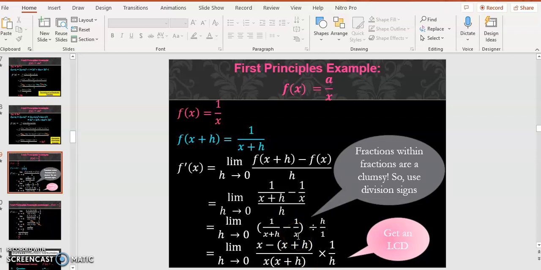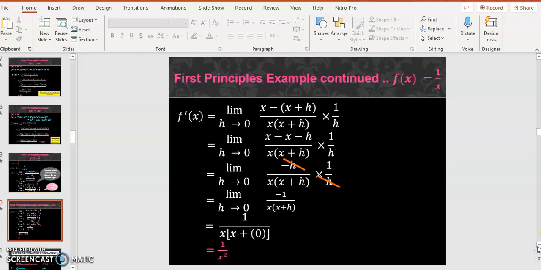So x times 1, which will give you x here, minus x plus h times 1. It will give you x plus h. Because 2 times 1 is 2. 3 times 1 is 3. 4 times 1 is 4. So x plus h times 1 is what? X plus h.